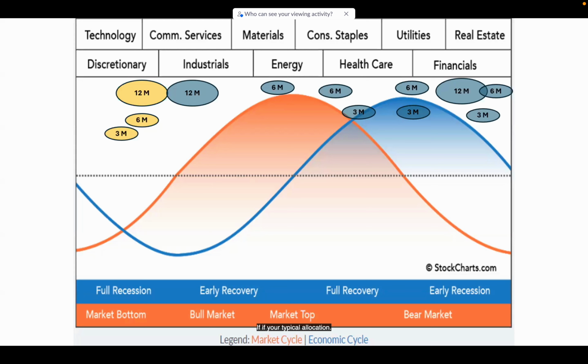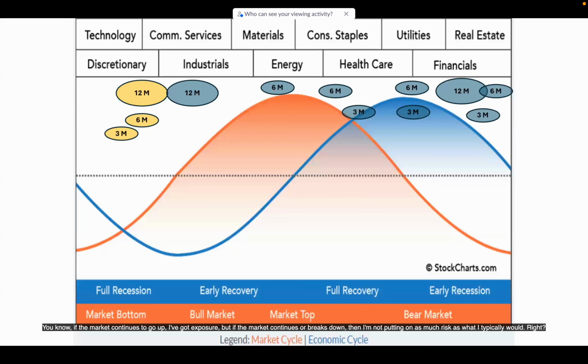If your typical allocation to new positions is 5% of a portfolio or 10% of a portfolio, which is actually kind of high, but let's say 5%. At this stage, I would scale that back to 2.5%, just to make sure that if the market continues to go up, I've got exposure. But if the market breaks down, then I'm not putting on as much risk as what I typically would.